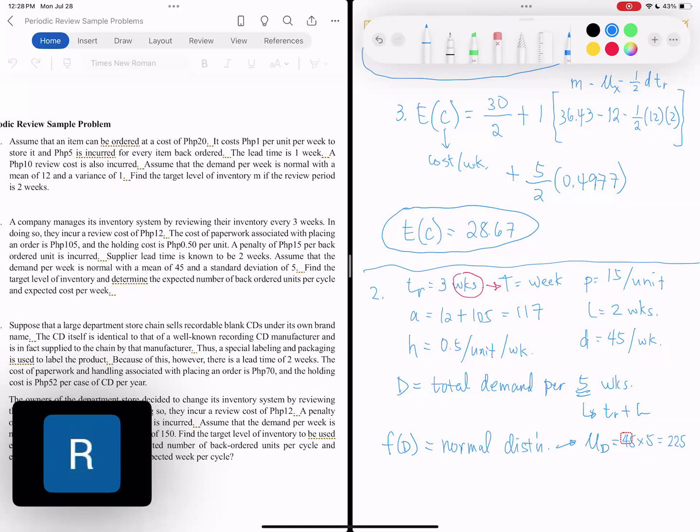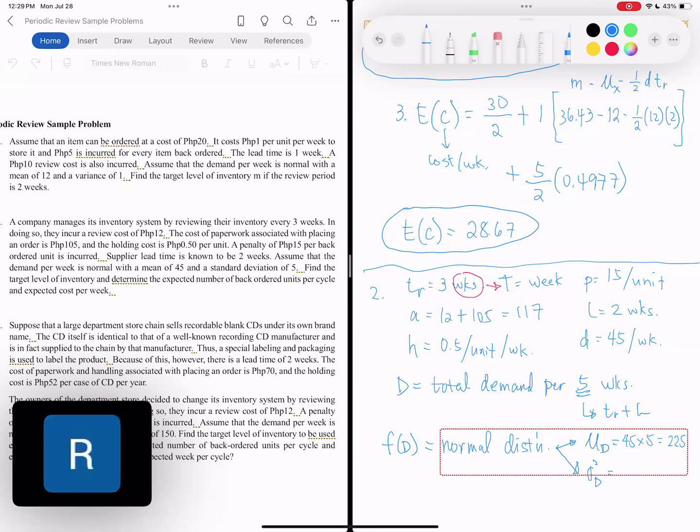Now, you have to calculate sigma, but as I told you earlier, you have to do variance first. What is given in this problem is standard deviation, right? This is standard deviation, 5 per week. So therefore, what will be the variance of 5 weeks?